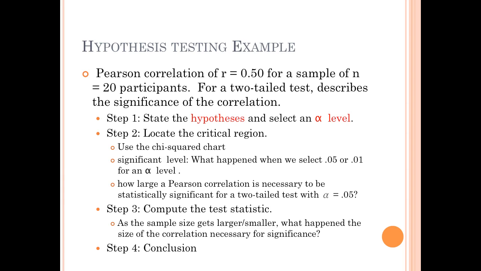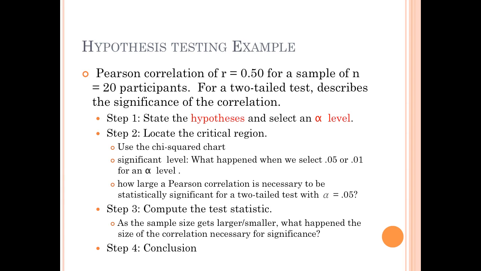So you would need to get at least a 0.444 or 0.45 in order to reject. And that could be a negative 0.4. And then you compute the test statistic.